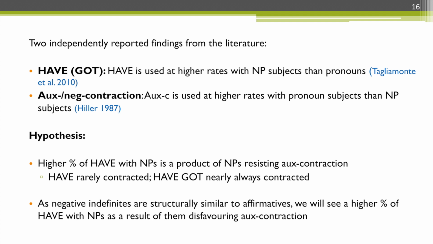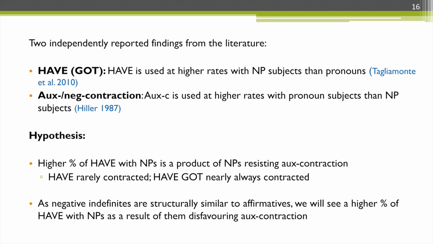So you would tend to get the man has a car as opposed to he has a car. With pronouns, you would tend to say he has got a car. And then in the contraction literature, they look at have and be and all different verb patterns, but they find that auxiliary contraction is used at higher rates with pronouns than NPs.